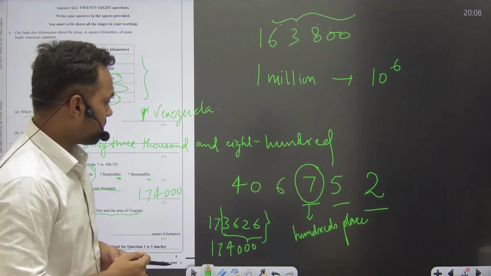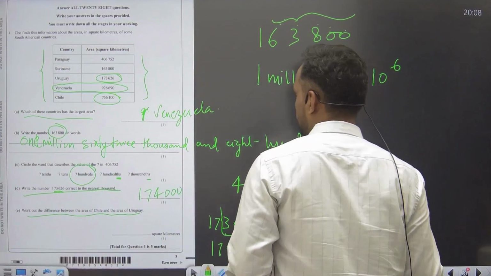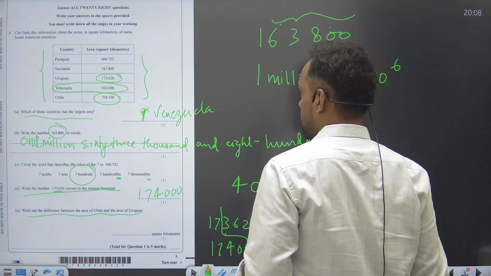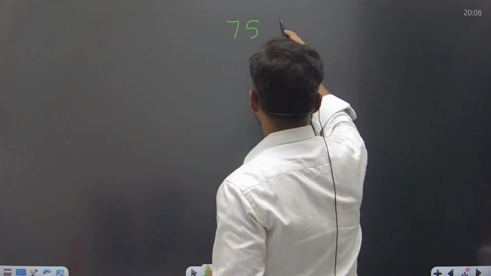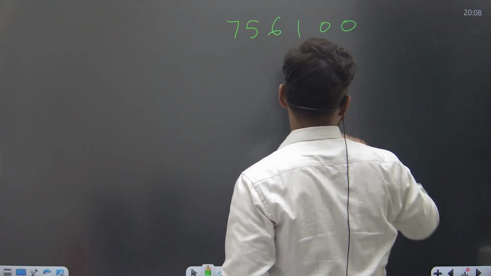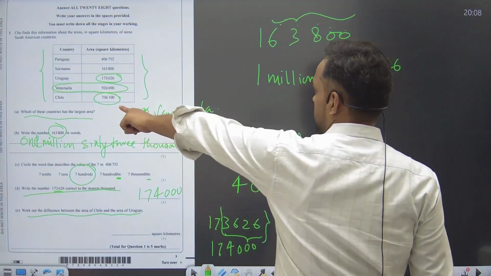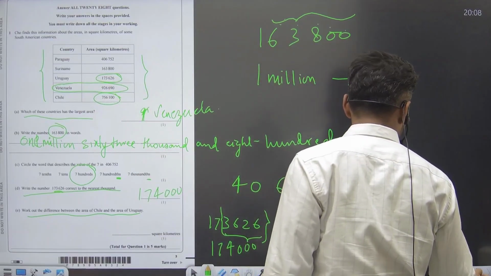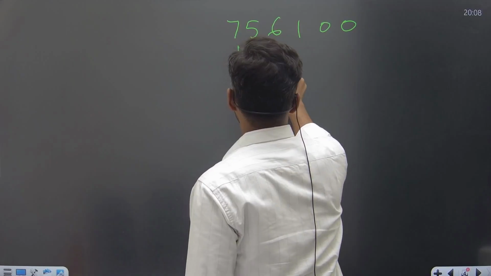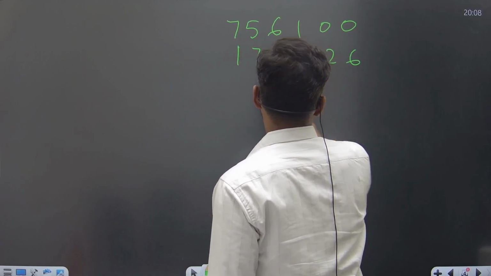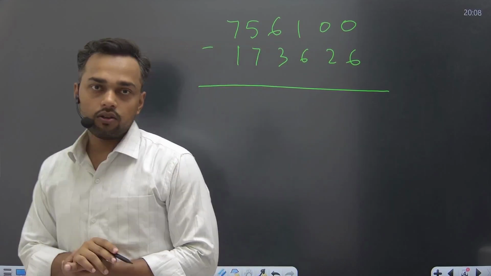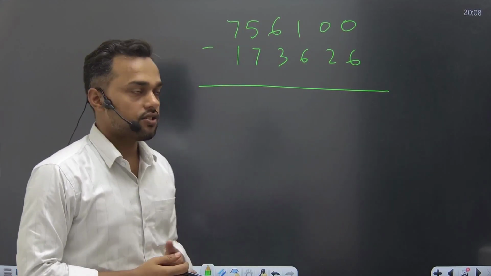It's just a simple subtraction, student. It will be 756,100 minus 173,626.